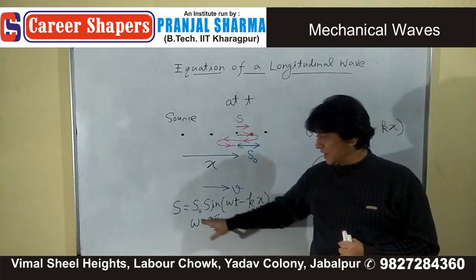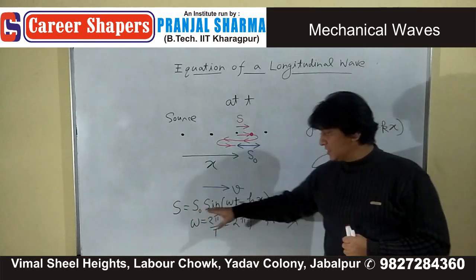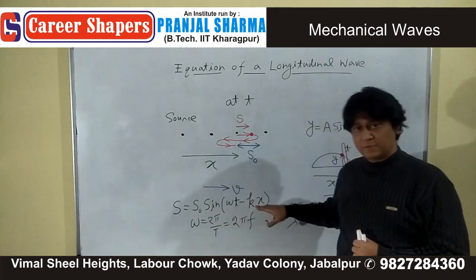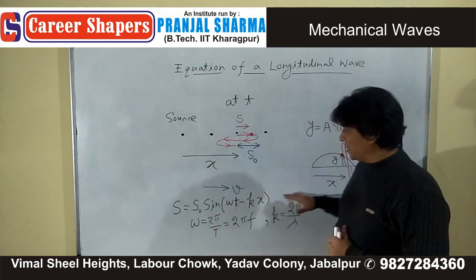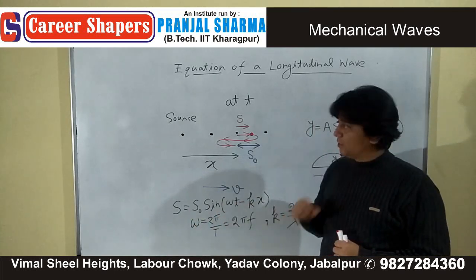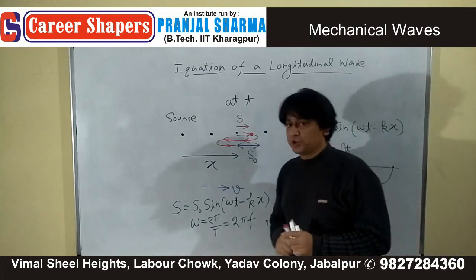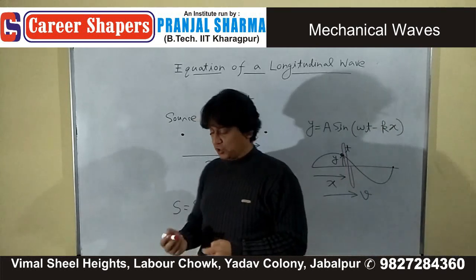Instead of representing a sound wave in terms of displacement form, this is called displacement form, instead of developing the equation of sound wave in displacement form, we go for its equation in the form of a pressure wave.